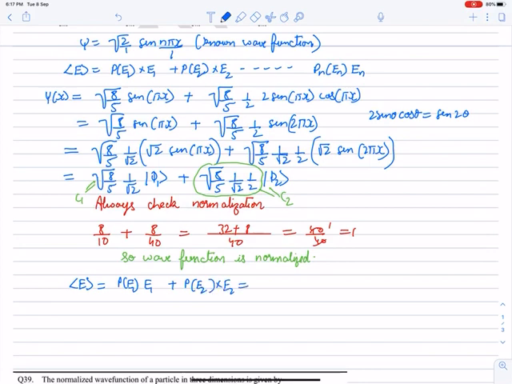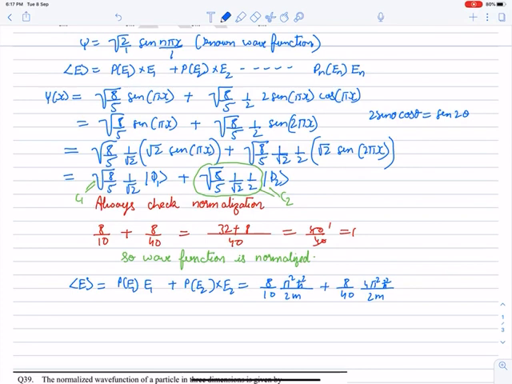So this will become 8 upon 10 times pi square h cut square upon 2m, because L is the width and it is 1, so I will not write anything for L. Next is 8 upon 40 into 4 pi square h cut square upon 2m.